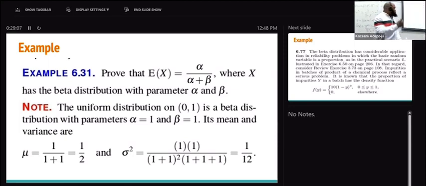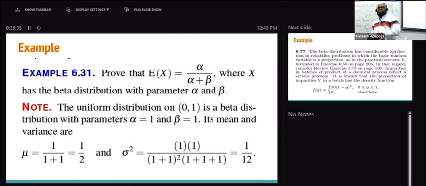So 0 plus 1 over 2 would be 1 over 2 for uniform. What about for beta, where alpha equals 1 and beta equals 1? It is also going to be 1 over 2, because the mean of a beta is alpha over alpha plus beta, which is going to be 1 over 2. Then the variance is going to be that.